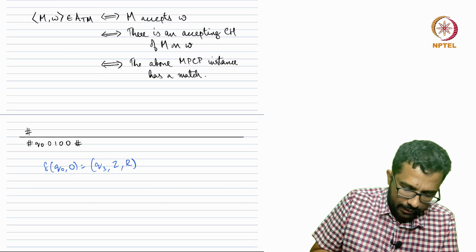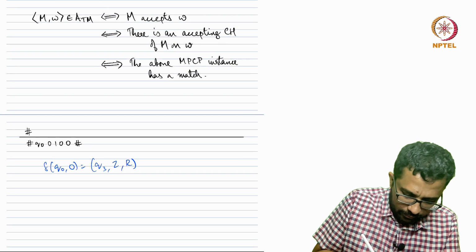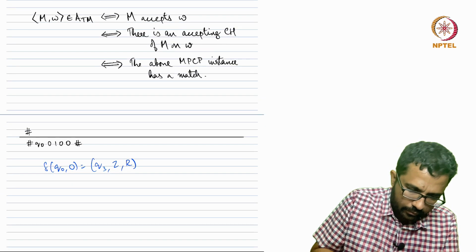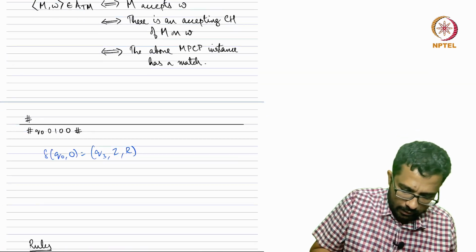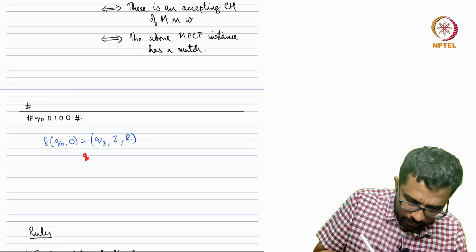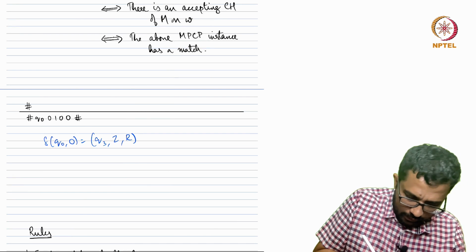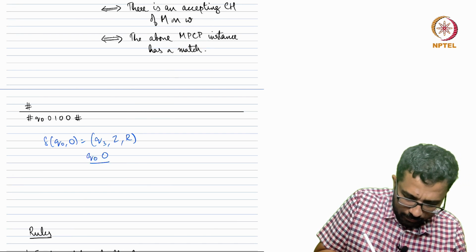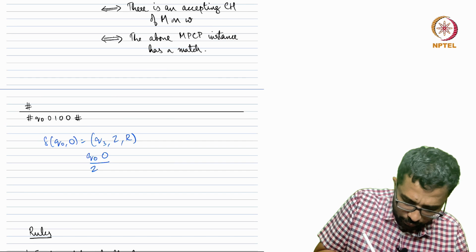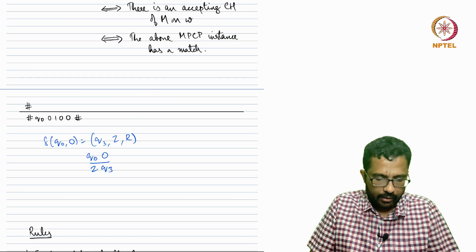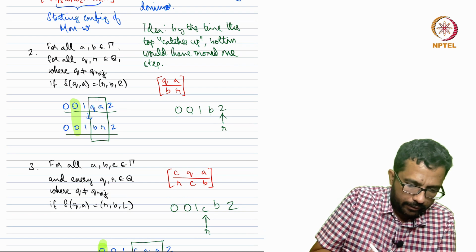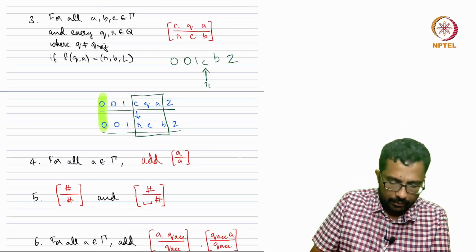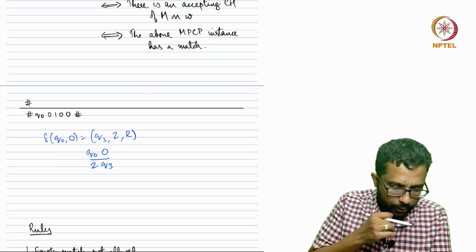So we should have the domino Q0 0 on the top and 2 Q3 on the bottom. That domino will be there by the second rule. So you can verify that this domino gives us Q0 0 divided by 2 Q3.